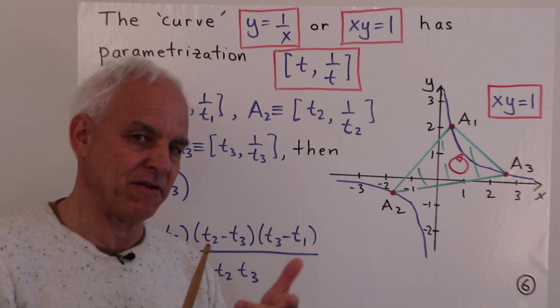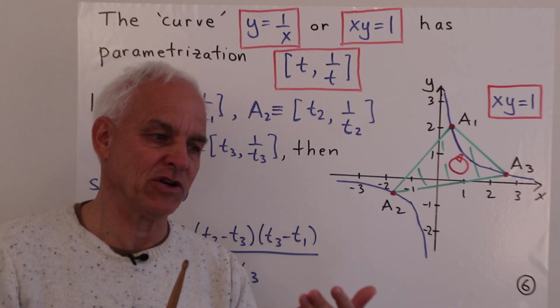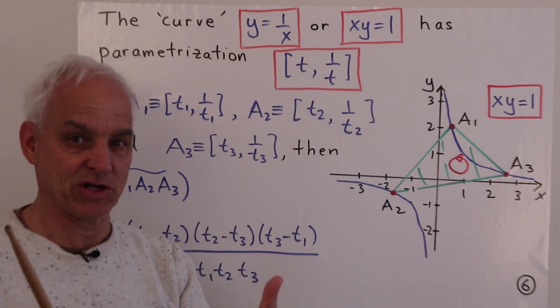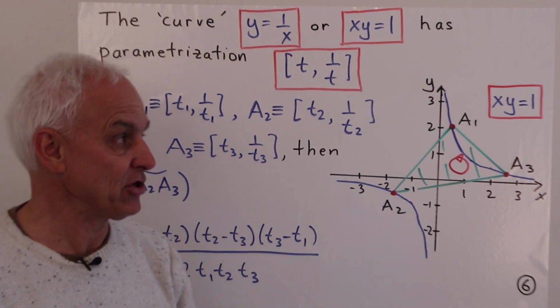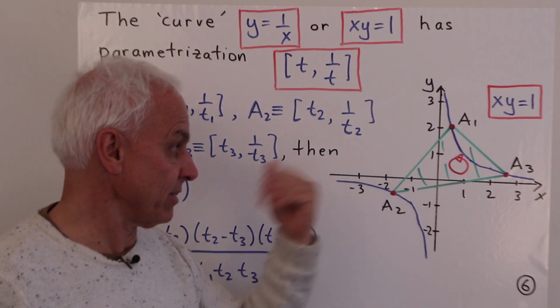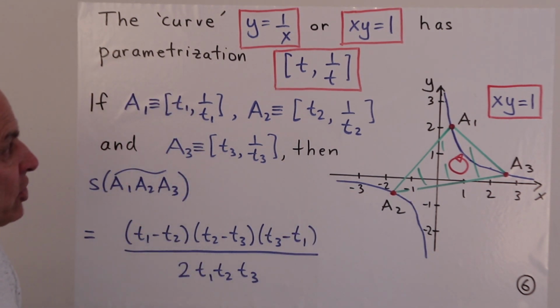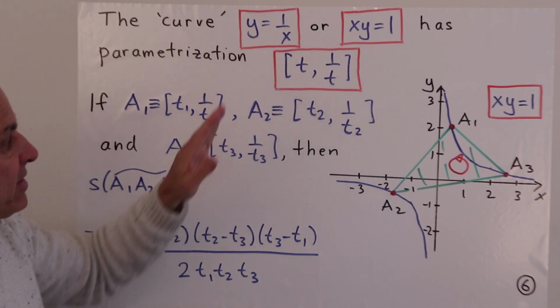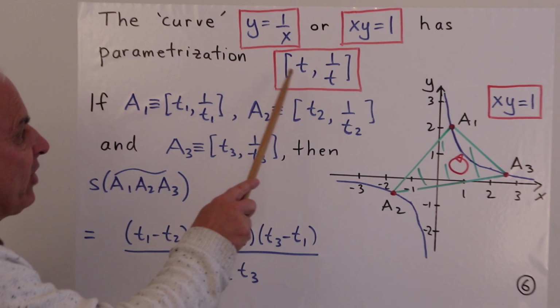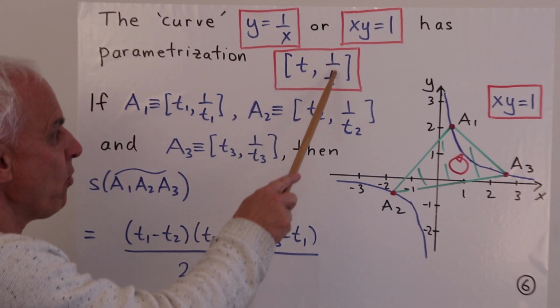That's no longer y as a function of x, but in fact it's a kind of preferred algebraic expression because it doesn't have fractions and it's treating x and y more symmetrically, which is really what's happening. Okay, so either way, this very important curve has a parametrization t comma 1 over t.